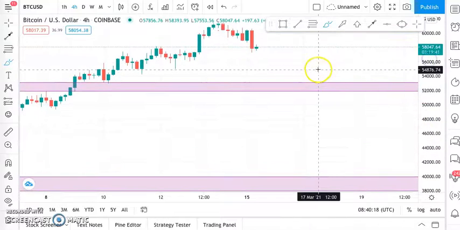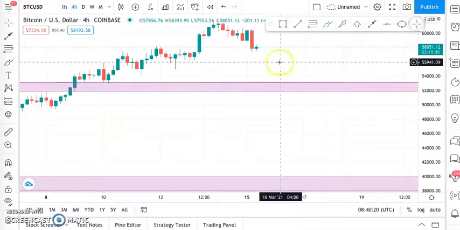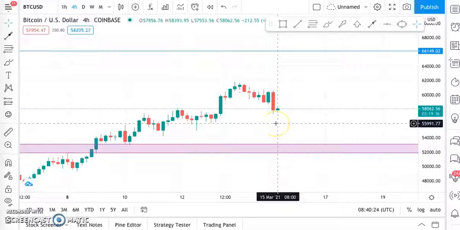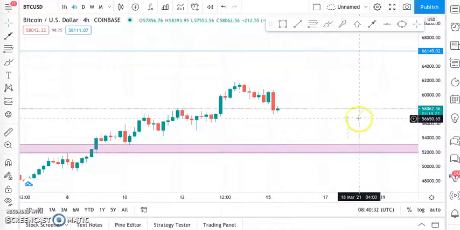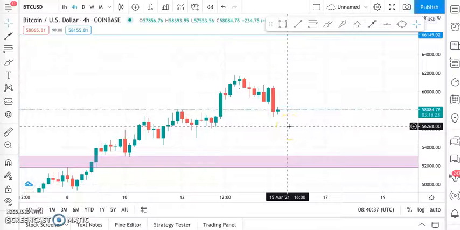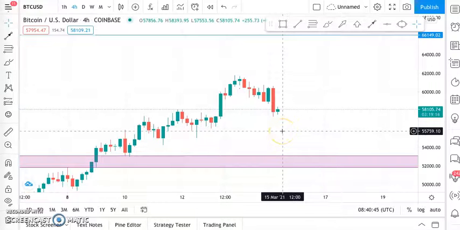Well, the way to do that is to begin to monitor things from the 4-hour and the 1-hour perspective. Why? Because the monthly, weekly, and daily time frames are better when it comes to finding out the direction of the market. But when it comes to confirmation and entries, the better time frames will be the intraday time frames, of course, in this case, the 4-hour and the 1-hour time frame.